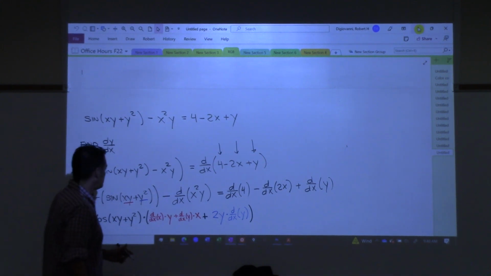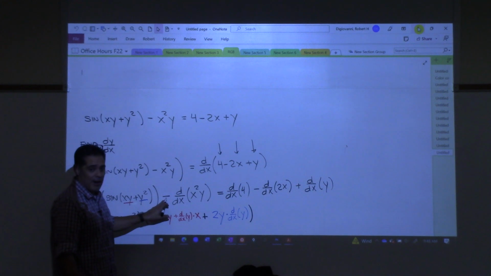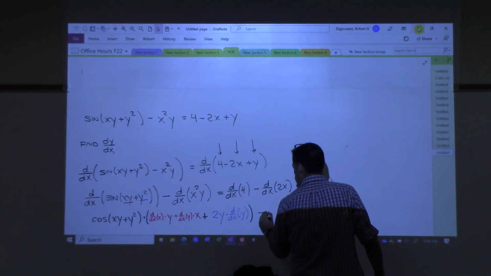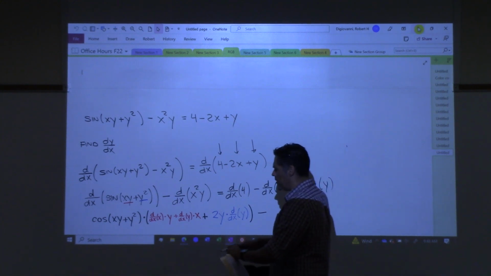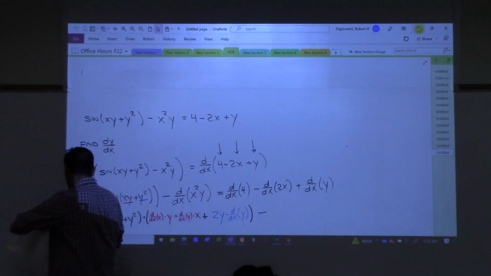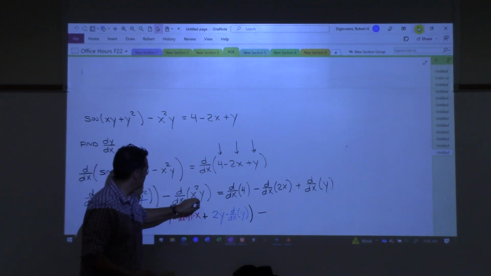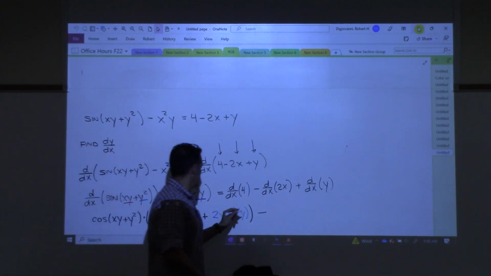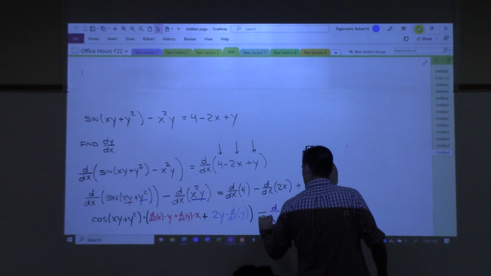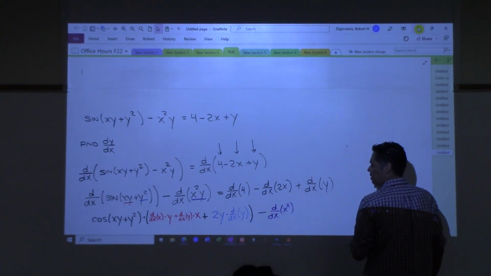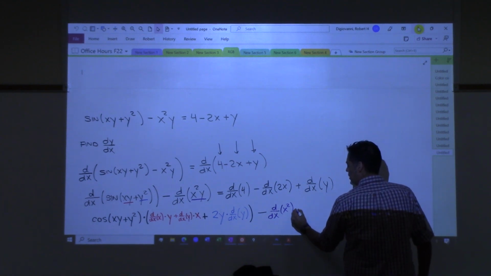Okay. So we have subtraction, so I can just put a minus now? Okay. And now you're about to take the derivative of the x squared y. Tell me how you're going to do that. It's a product rule. So we're taking the derivative of the first piece, multiplied by y.